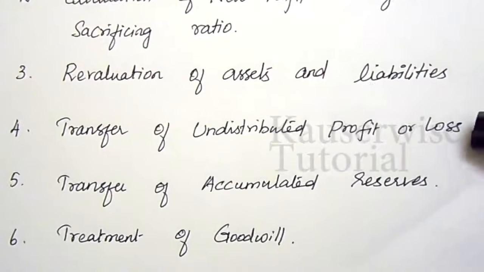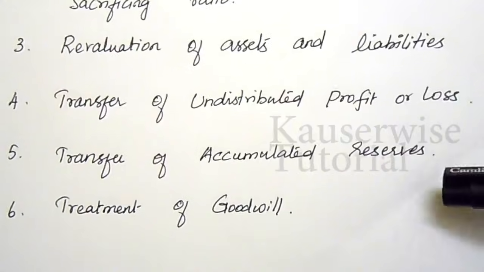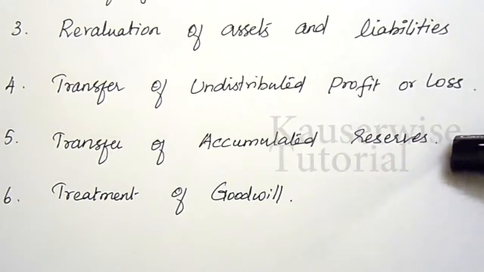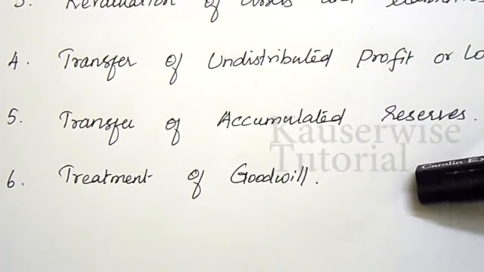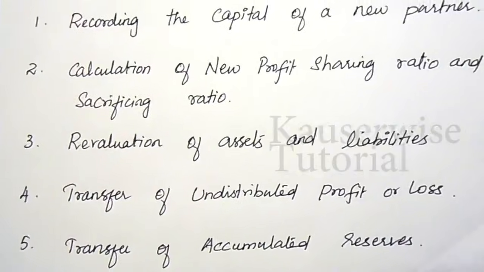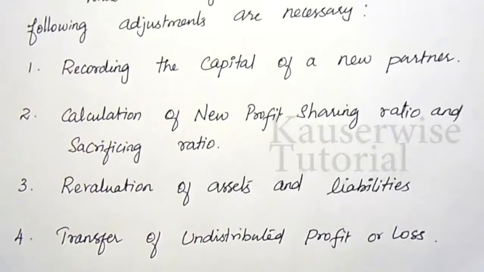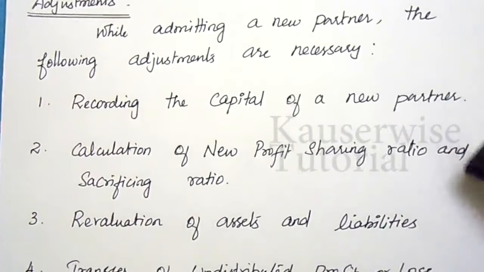Fourth, transfer of undistributed profit or loss. Fifth, transfer of accumulated reserves. And the last one, treatment of goodwill. These are the necessary adjustments you have to consider while you prepare admission of a partnership accounts. Let me explain each of them separately.